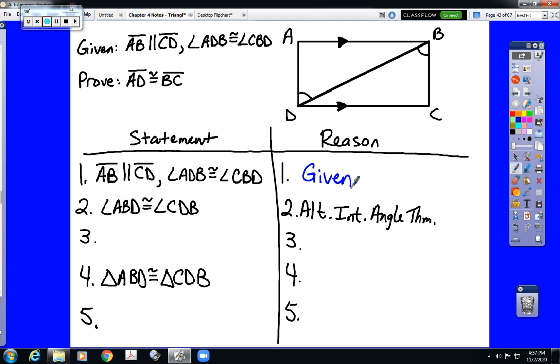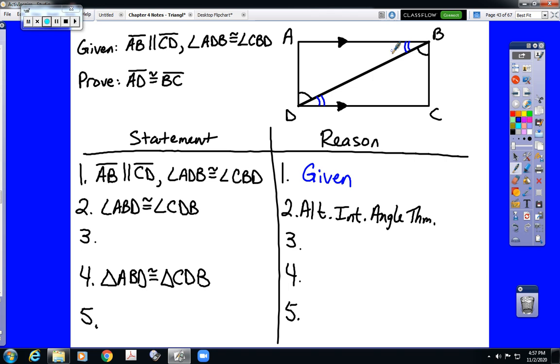Then we have a pair of alternate interior angles which are stated but not marked. ABD is the top angle that I just marked with blue, this one up here. Angle ABD is congruent to angle CDB because they are alternate interior angles. And the alternate interior angle theorem says that if AB and CD are parallel, those 2 angles have to be congruent.